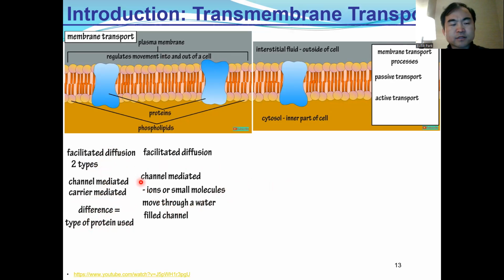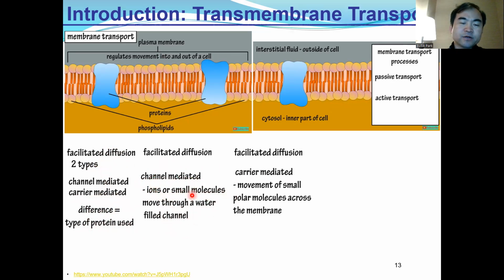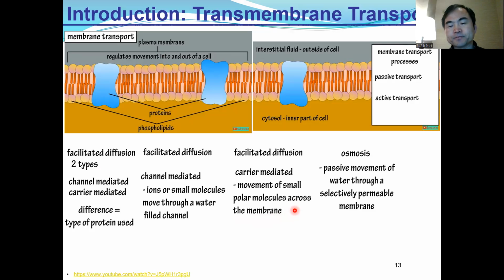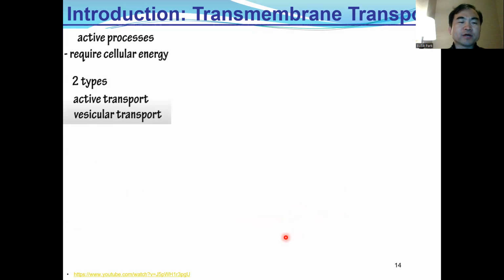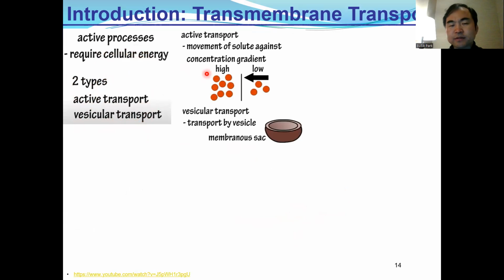In channel-mediated transport, ions or small molecules move through a water-filled channel. In carrier-mediated transport, small polar molecules move across the membrane. The active process requires cellular energy and has two types, active transport and vesicular transport, and they use ATP as an energy source.